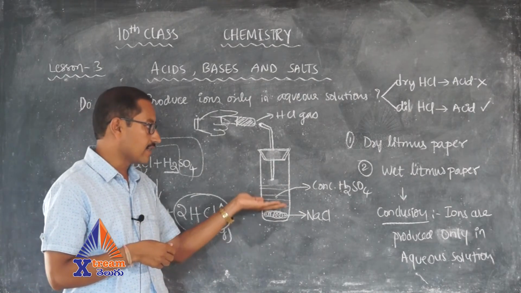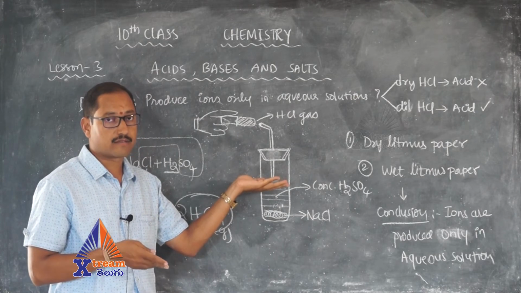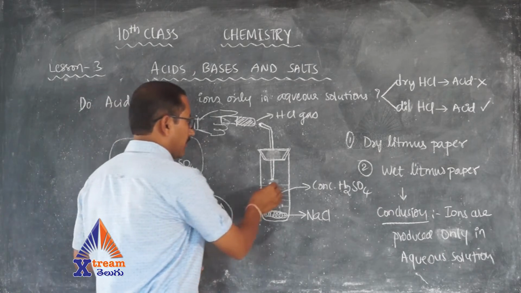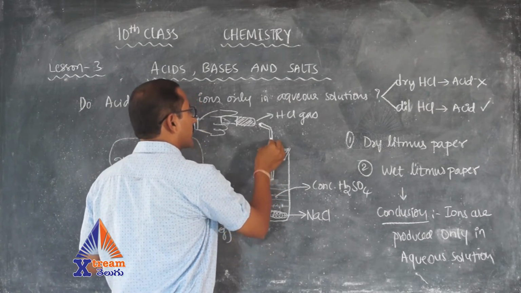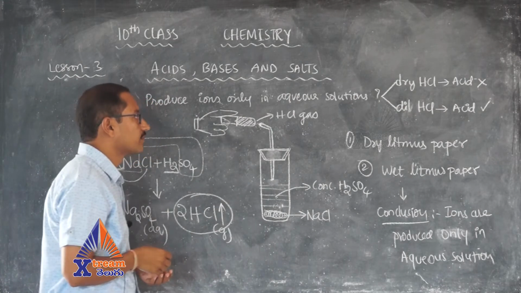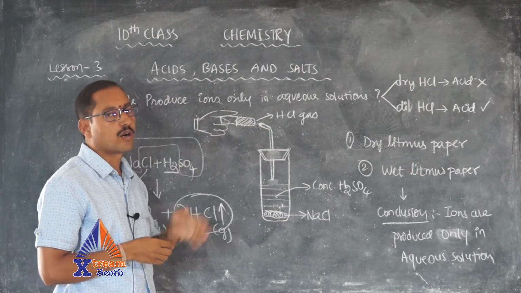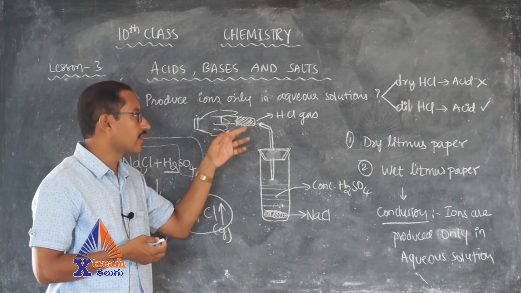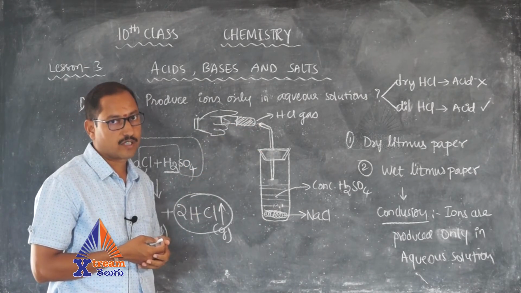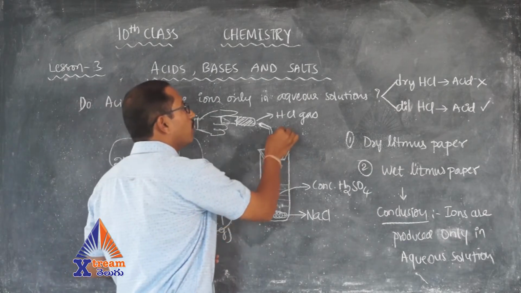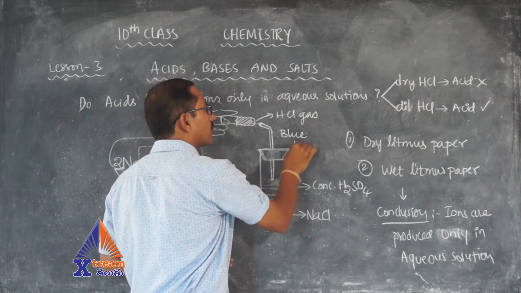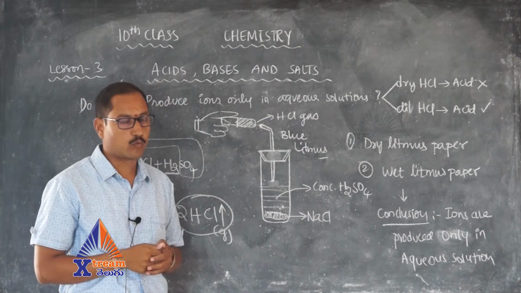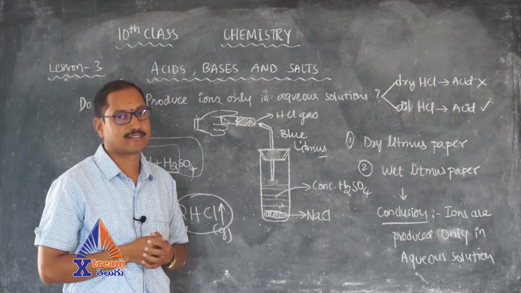Now this HCl gas, as it is a gas, will try to travel upward, and it can be collected through the delivery tube, and as this gas is released outside, near the opening of this delivery tube, if you keep a blue litmus paper, what will happen? Let us try to understand.